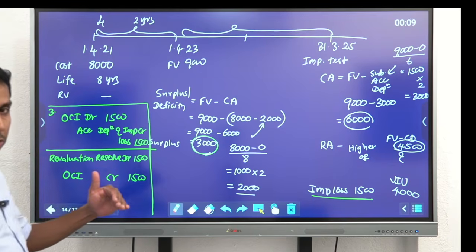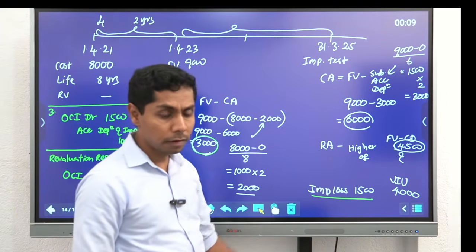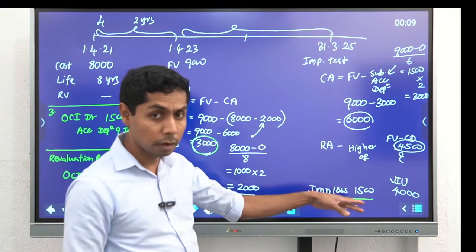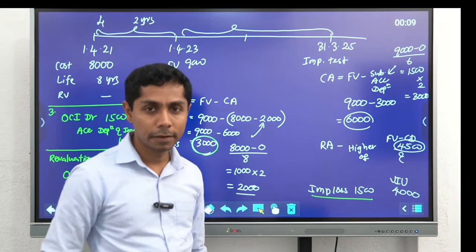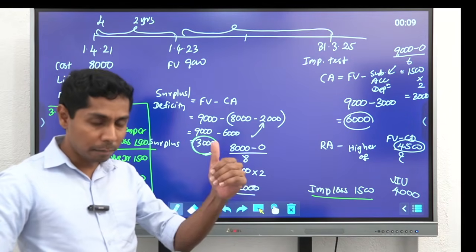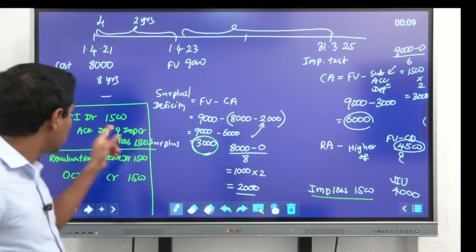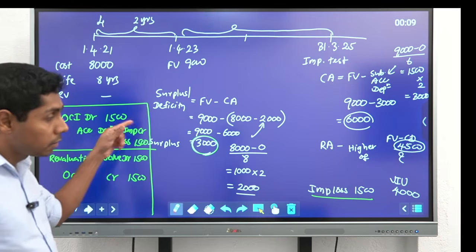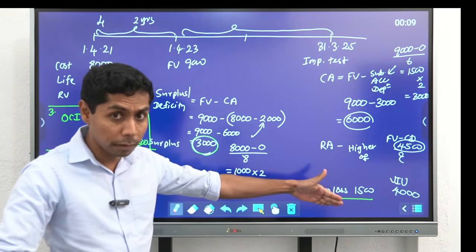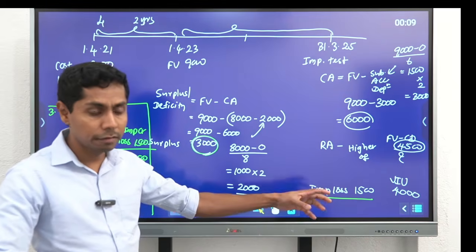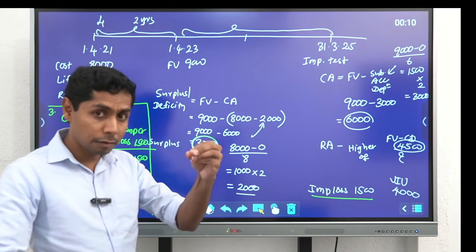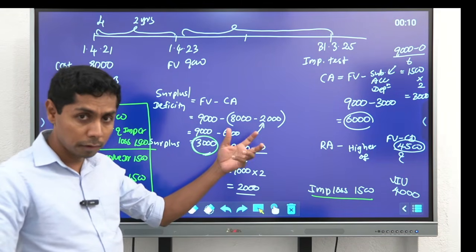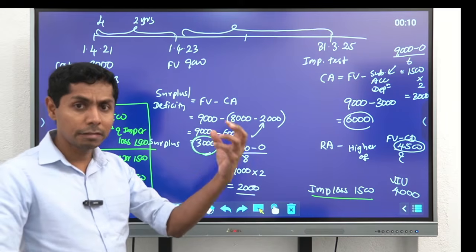Just imagine the impairment loss is 3,500. How do we write the entry? We can maximally reverse 3,000, so OCI debit 3,000, but the impairment loss is 3,500. So the excess over the previously recognized surplus, 500, should be recognized as an expense.